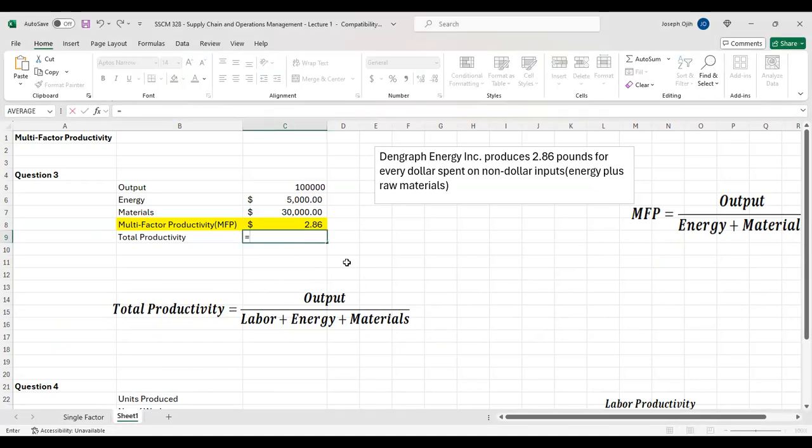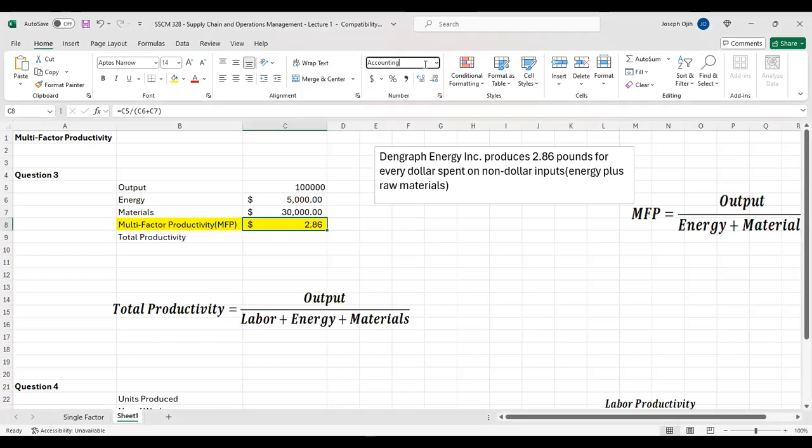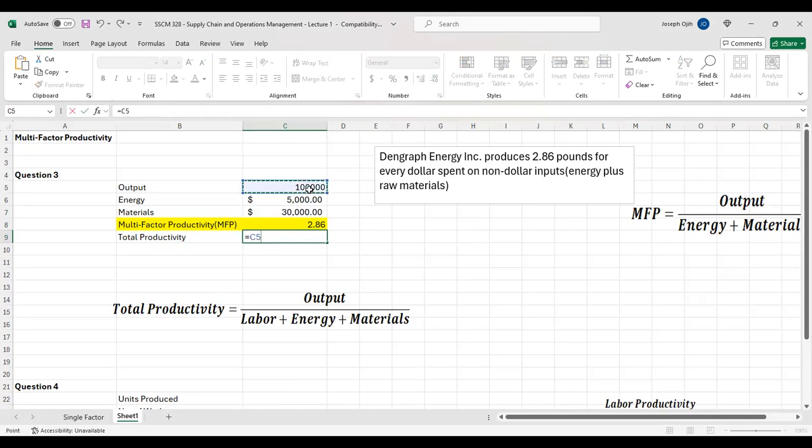Remember, this answer is not in dollars, it's just a general number. So total productivity equals output divided by, then put parentheses so that it follows the order of operations.